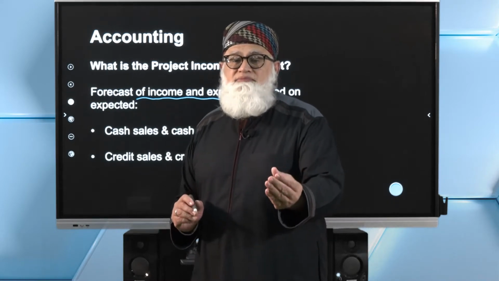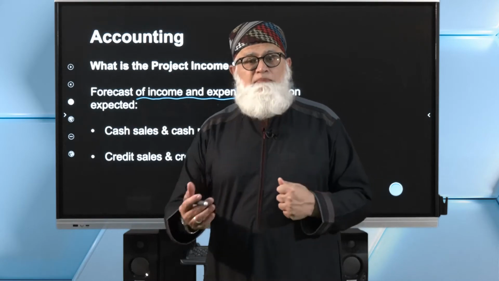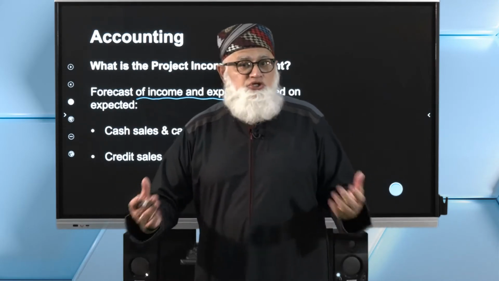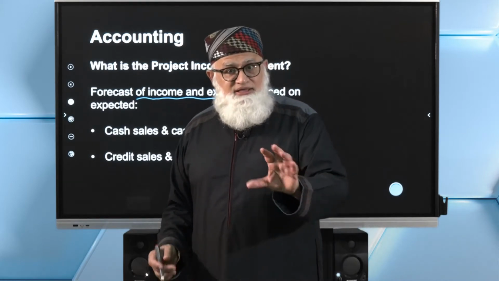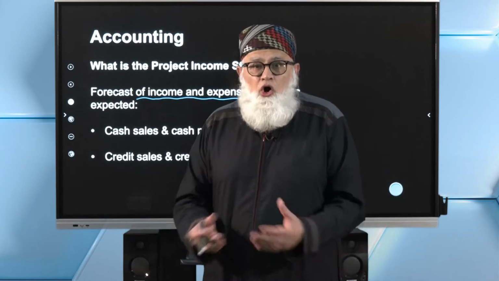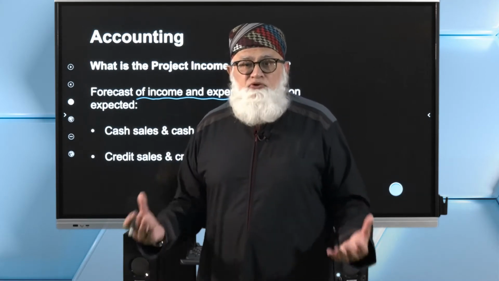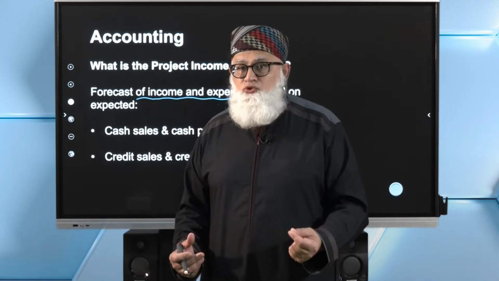Remember, there were items that were not featuring in my cash budget. Example of that would be depreciation. Why? Because it was a non-cash item. However, depreciation will definitely be a figure, or it will actually feature in my projected income statement. Why? Because it is an imputed expense.